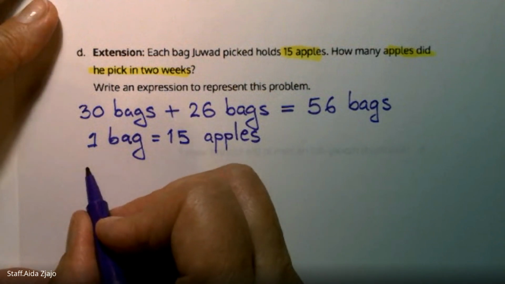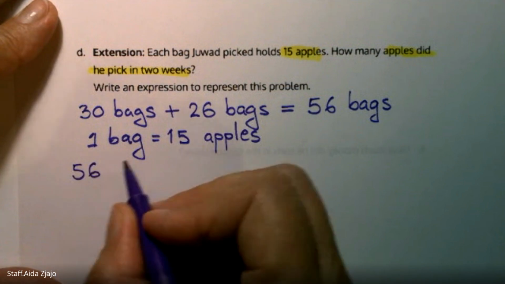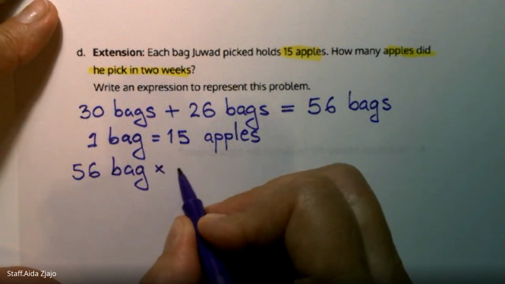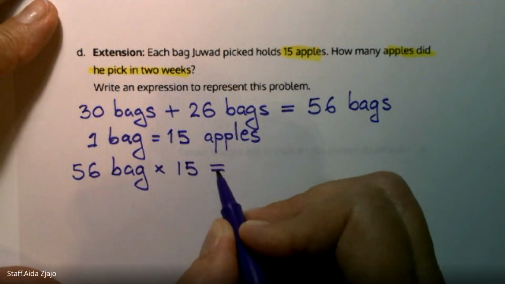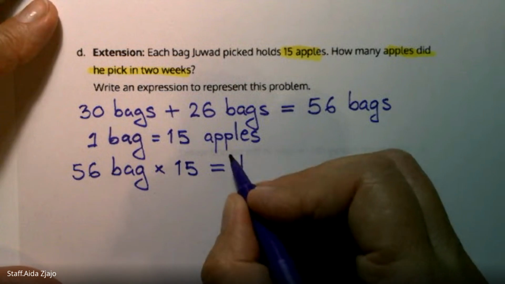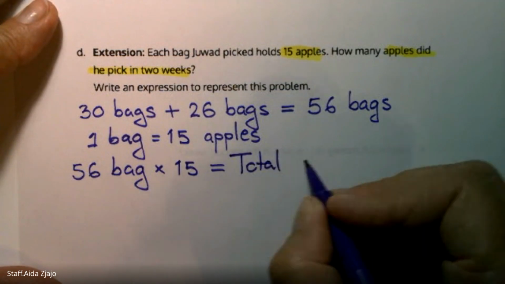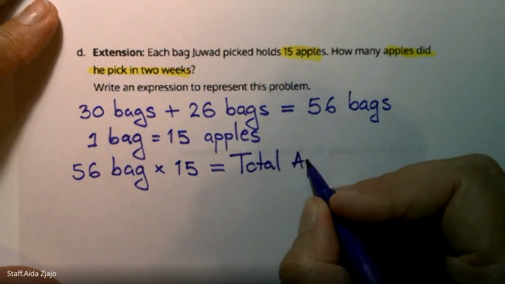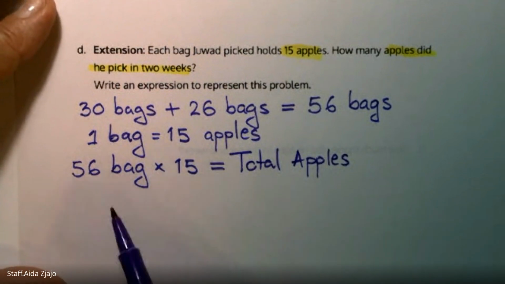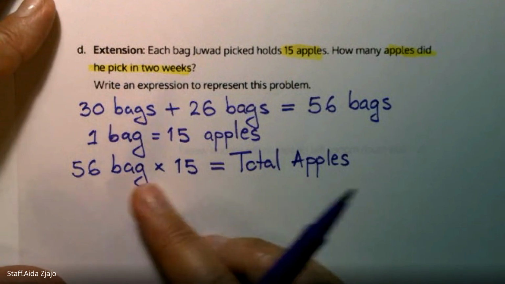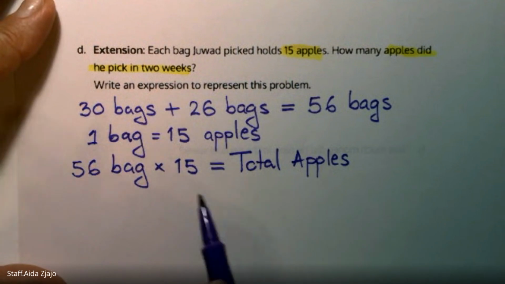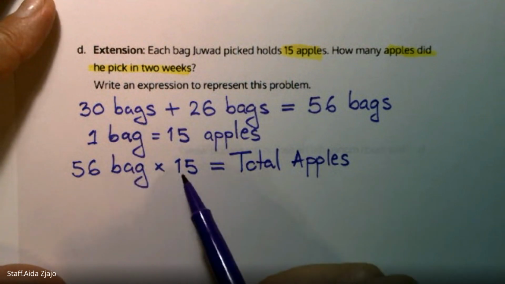So what is 56 bags times 15 would equal the total of the apples. The total apples. Okay, so you can use an area model or the standard algorithm to do 56 times 15.